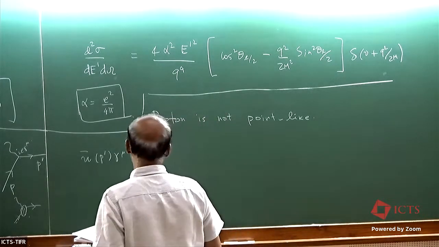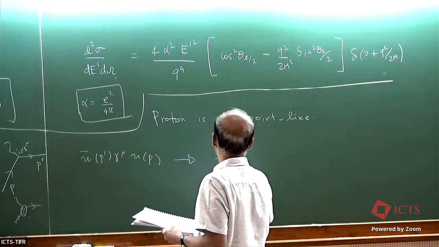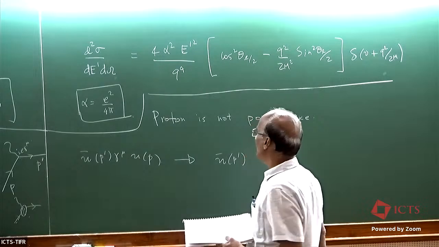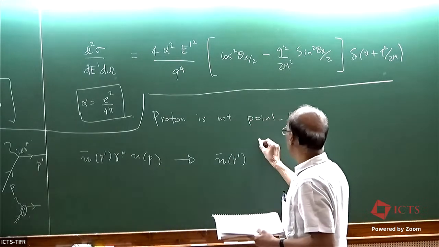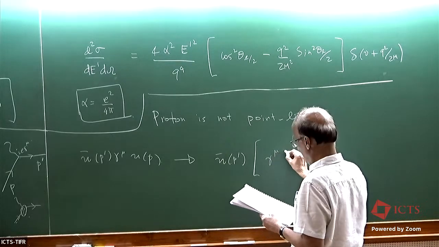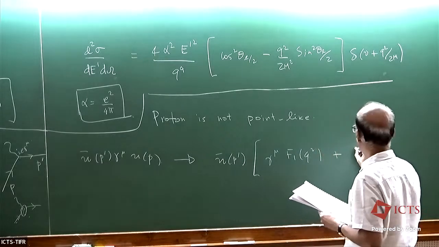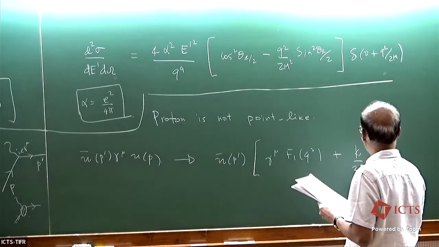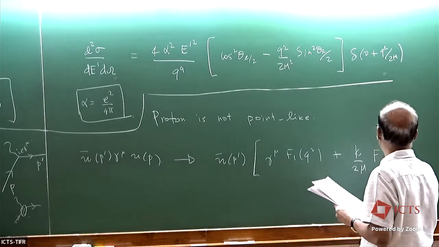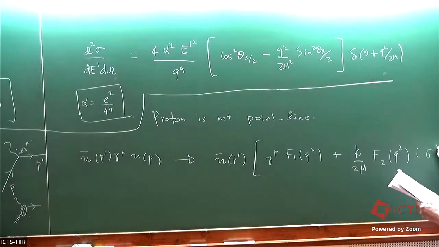The way to do it, and it is the simplest way, though there are many ways, is to replace this gamma mu by a bunch of terms. This is the most elegant way of modifying this vertex.